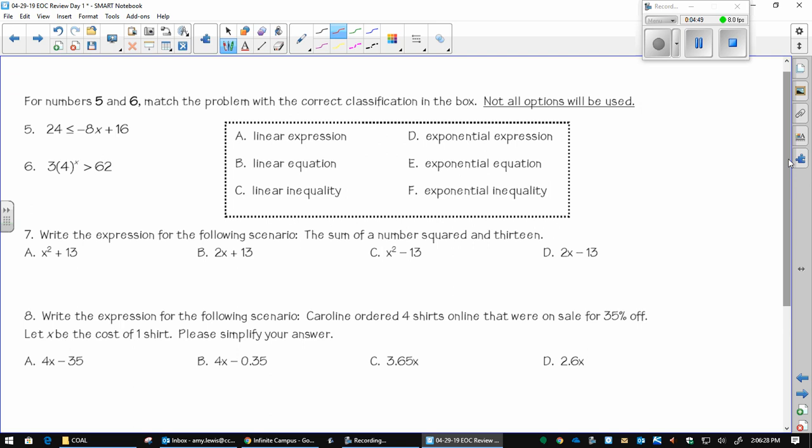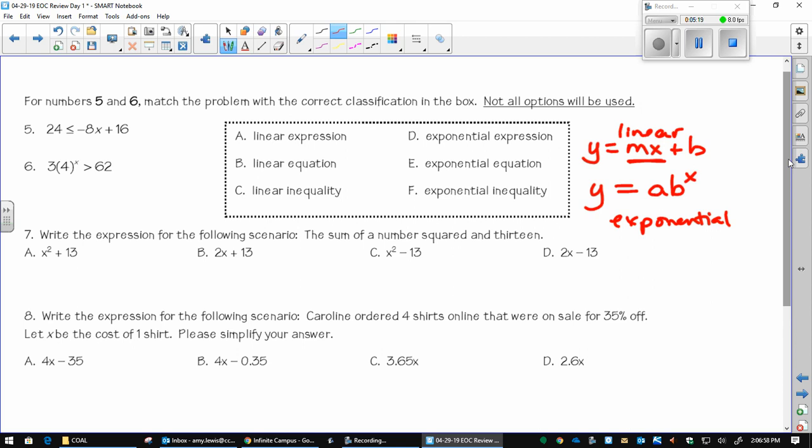Number 5 and 6 match the problem with the correct classification in the box. Remember that linear are in the form of y equals mx plus b, which means that your x is going to have a coefficient on it, or it's just going to be an x. An exponential means that the x is not located in the equation there, but rather in the exponent.